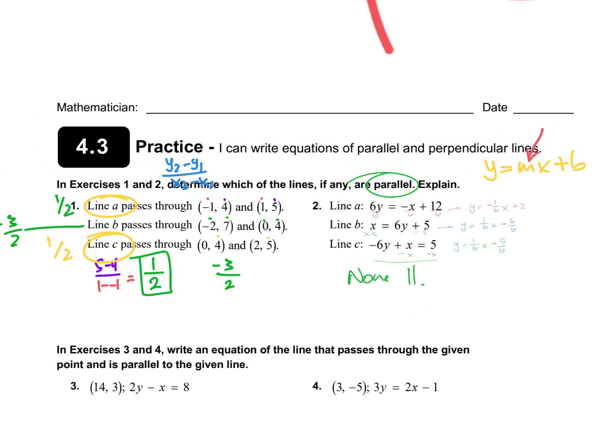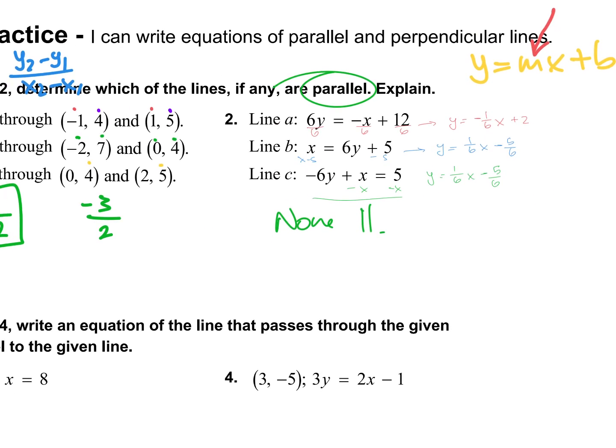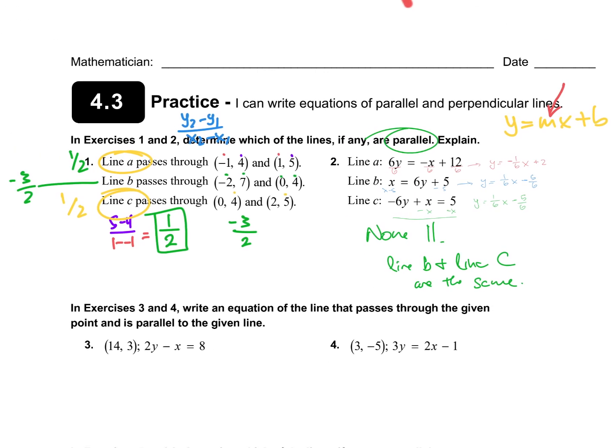None parallel. By the way, the symbol for parallel is just 2 parallel lines, just like that. And part of the reason that none of them are parallel is line B and line C are the same. And if you're the same line, how could you be parallel to yourself?